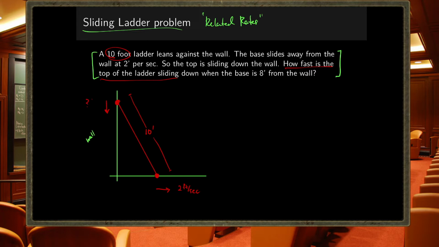And we want to know how fast it is moving here. So this is really what we're after, when the base is 8 feet from the wall. Okay, so when this base here is at 8 feet. That's pretty much all we have given to us from the verbal description.